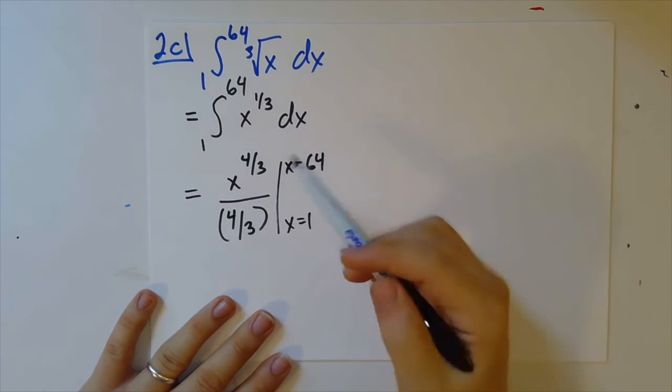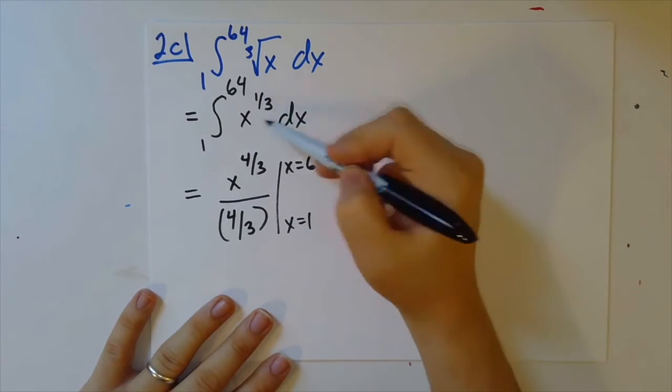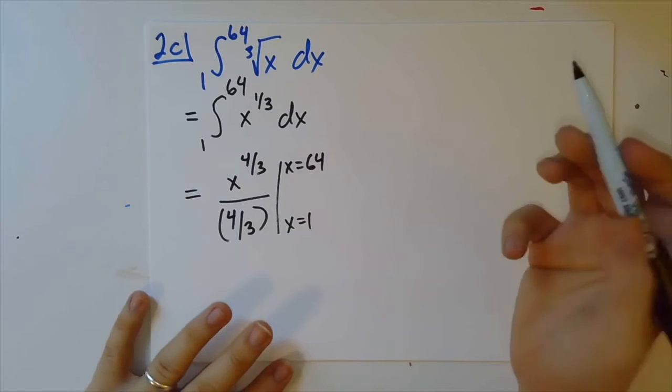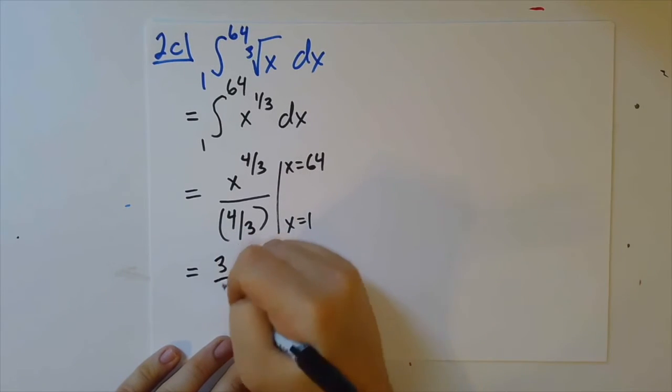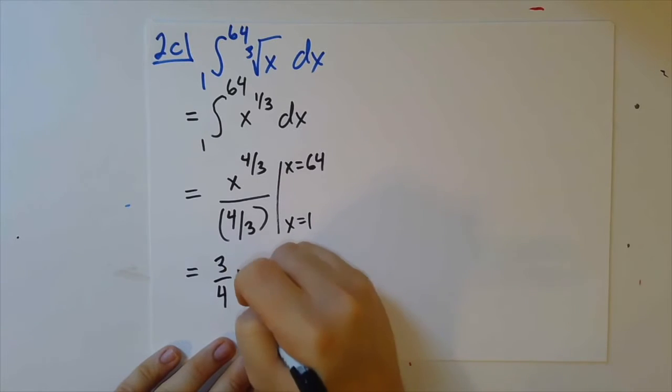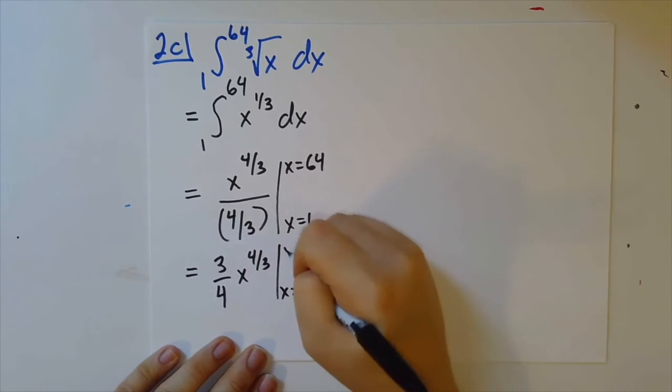Okay. Why is it 4/3? It's 4/3 because 1/3 plus 1 is 4/3. Okay, so this is going to be 3/4 of x to the 4/3, evaluated as x goes from 1 to 64.